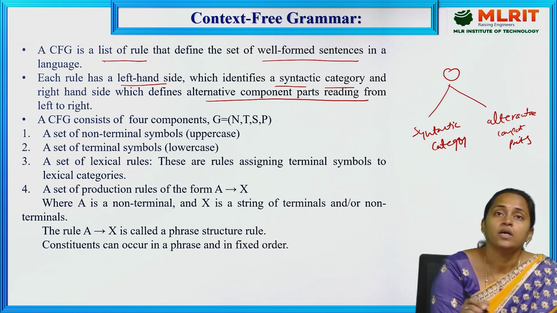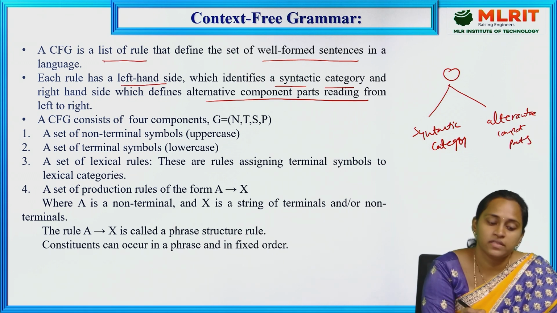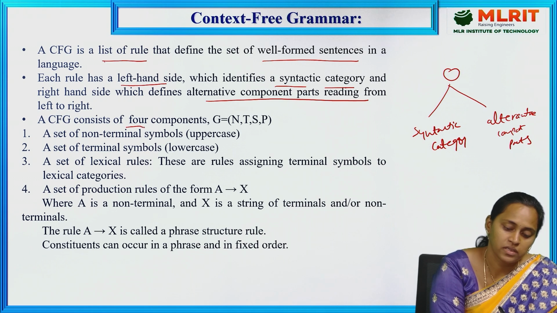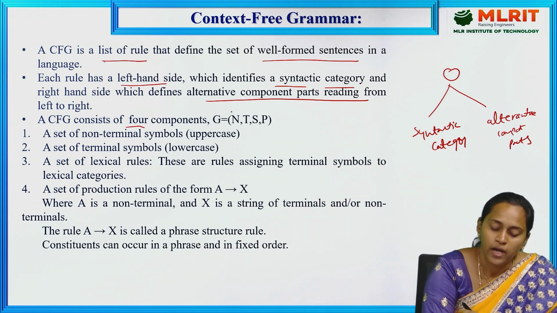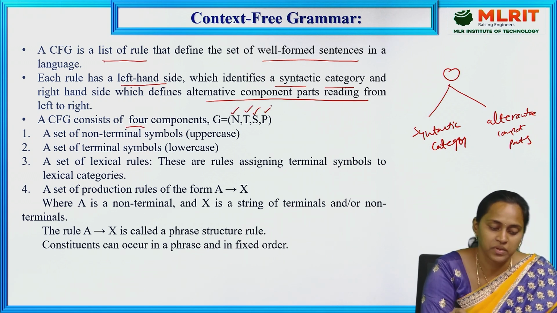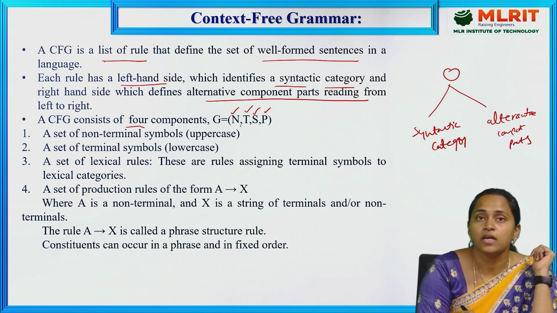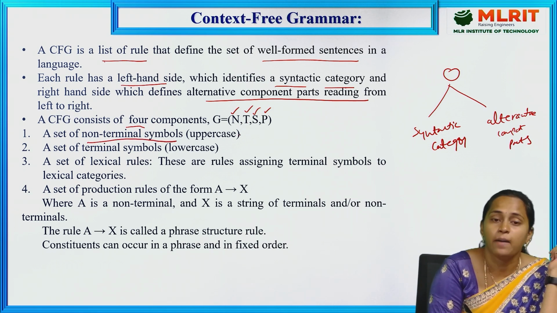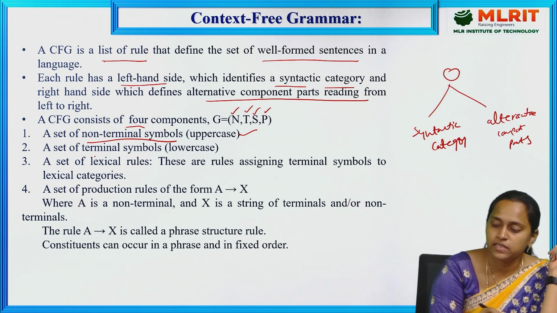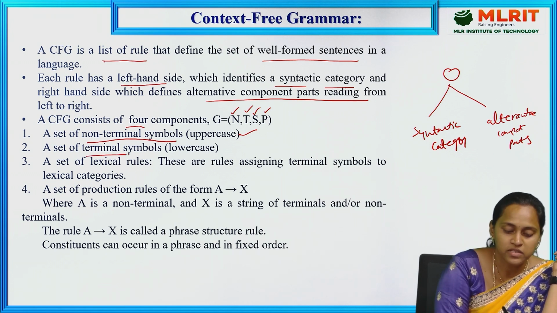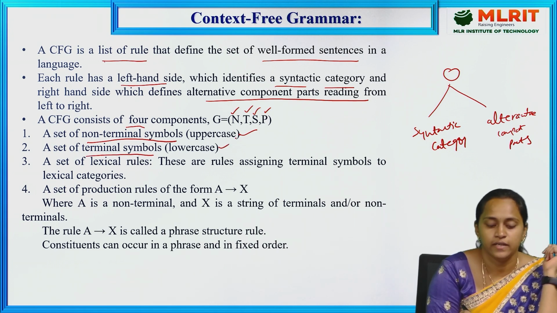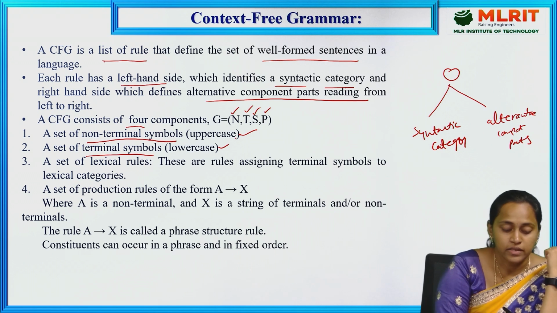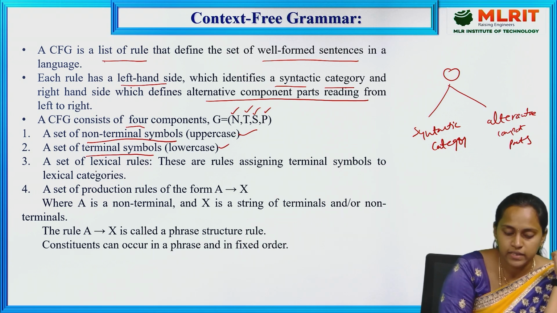A CFG consists of four components, that is G equal to N, T, S, P, where N is a set of non-terminal symbols, that means uppercase letters, T is a set of terminal symbols, that is lowercase letters. The third is a set of lexical rules.